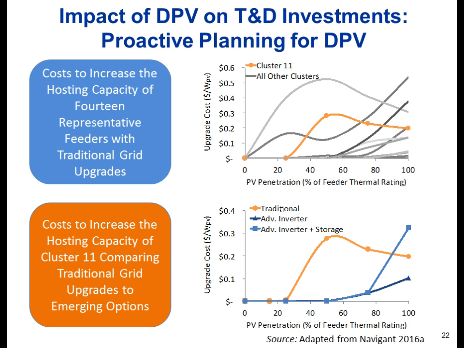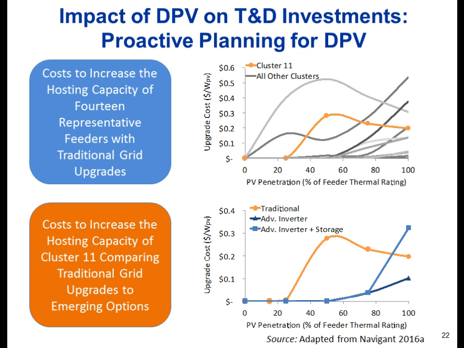Some regions have specific policy goals to allow for more customer choice, including installation of a distributed PV system. Under these circumstances, the utility may need to proactively plan to expand the hosting capacity of the distribution system in a least cost manner.